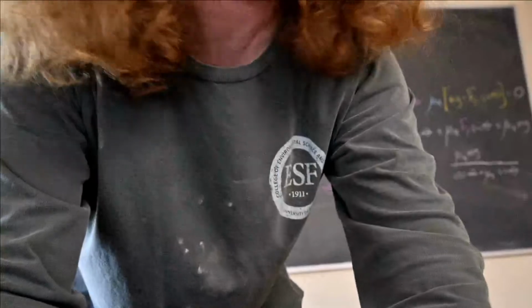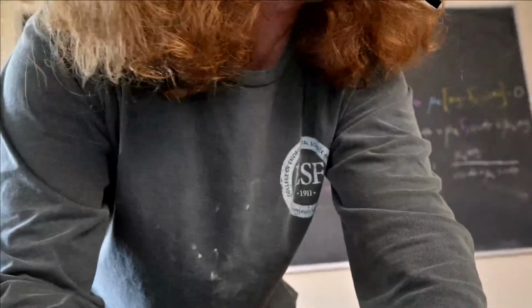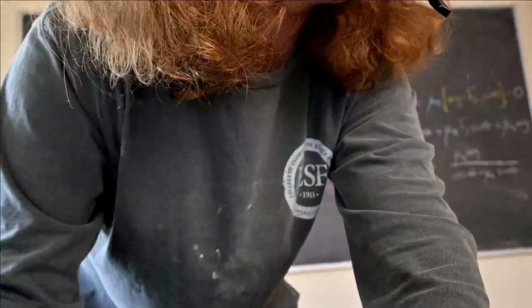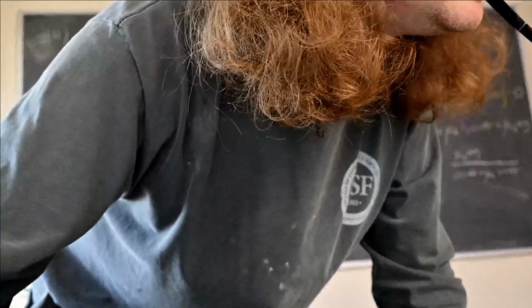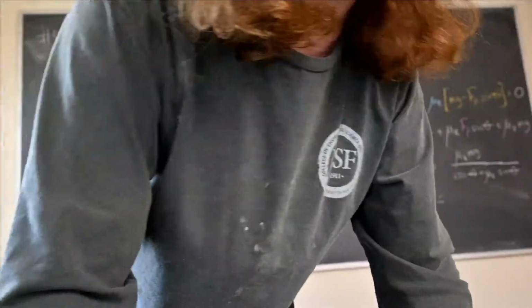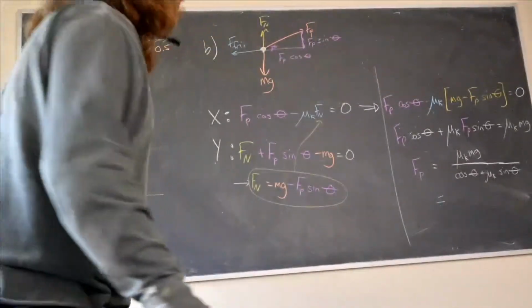I have the cosine of 20 degrees plus a half of the sine of 20 degrees. Oh, I made a typo in Google Calculator. Okay, so this gives me 540 newtons.